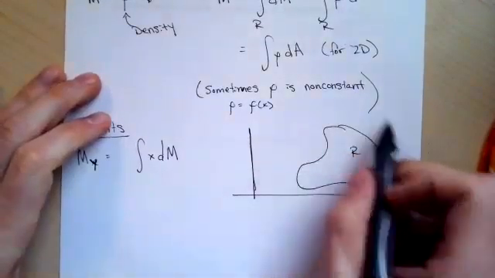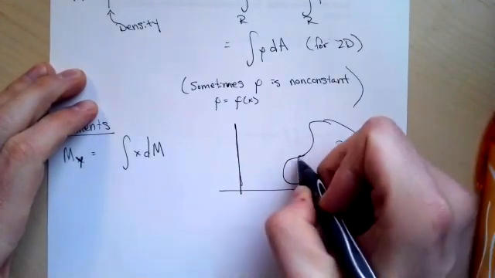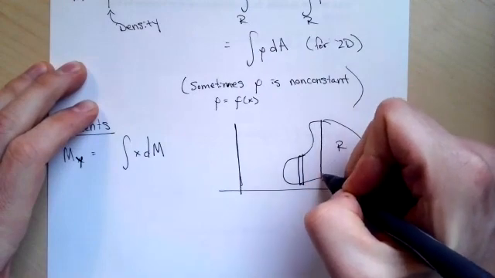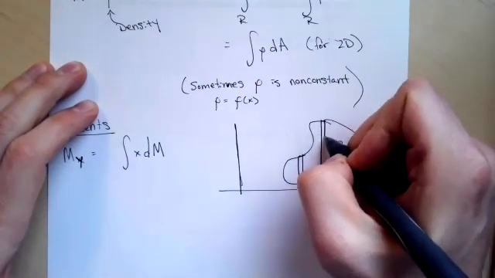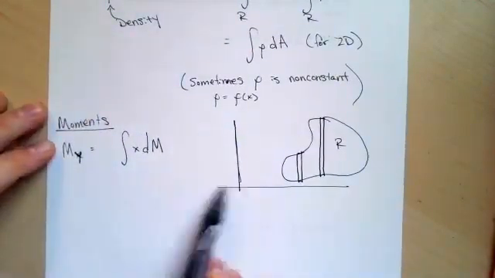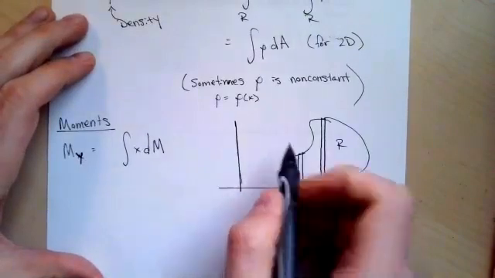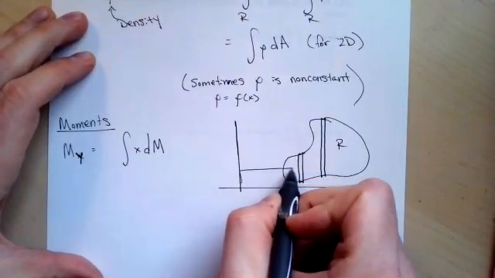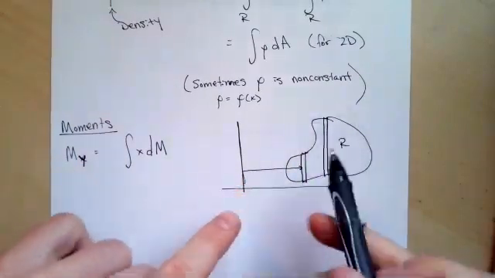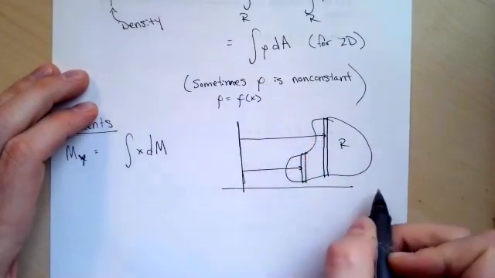And so if we're taking a look at a region like this and we slice it up into vertical slices, since we are rotating about the y-axis, that's where that y comes from, what's going to contribute to this overall shape and spinning around this y-axis?